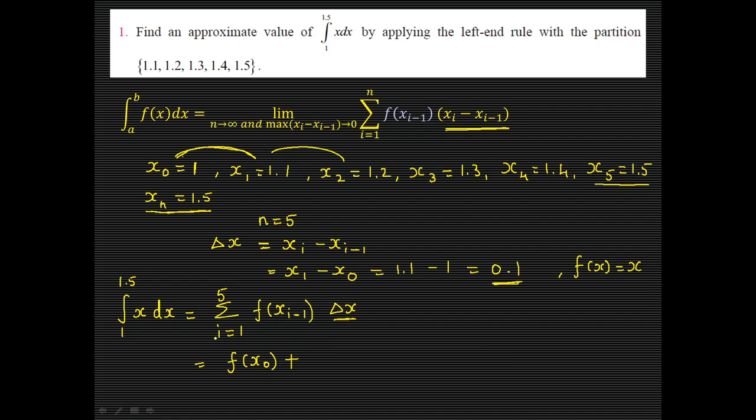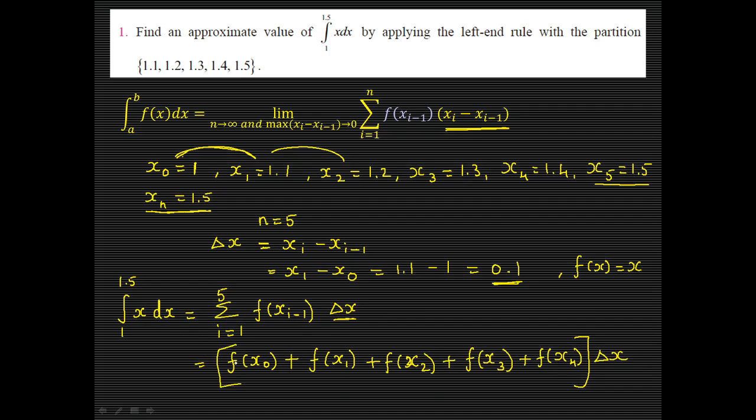If you put i equal to 2, 2 minus 1 is 1, so f of x1, plus f of x2, and it goes on. For i equal to 1, 2, 3, 4, you get f of x3. If you put i equal to 5, you get f of x4. You have to stop with this, and then you put delta x.